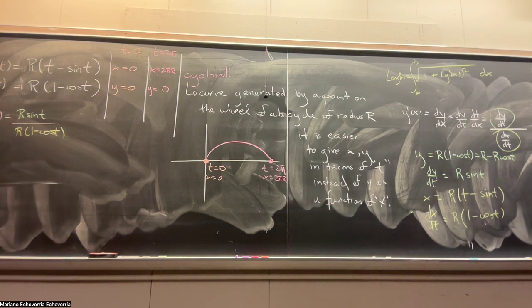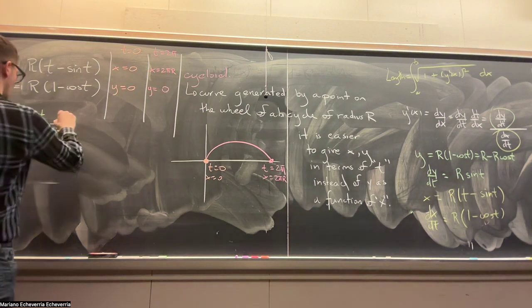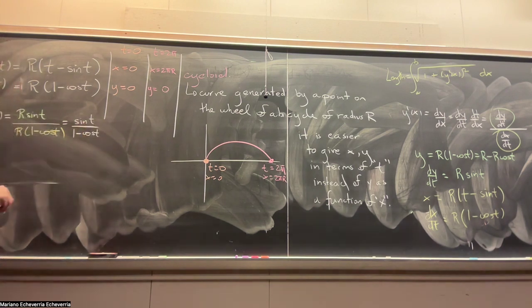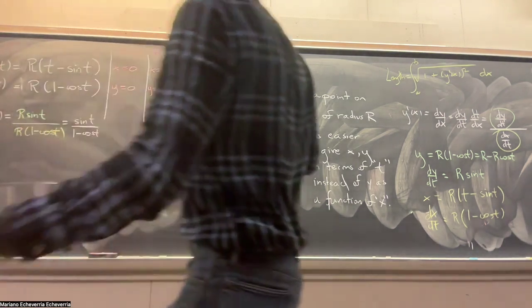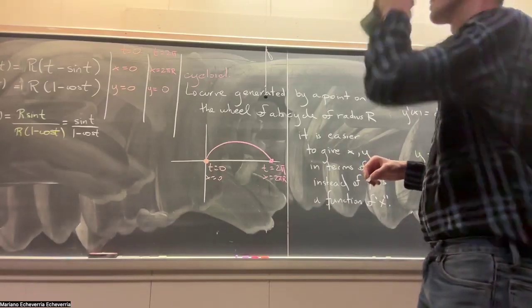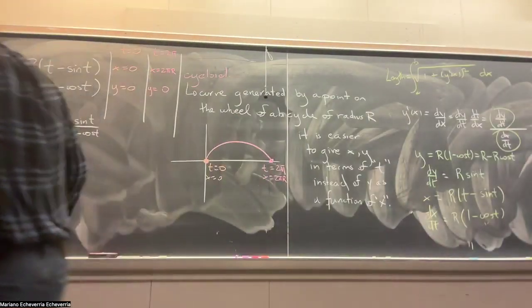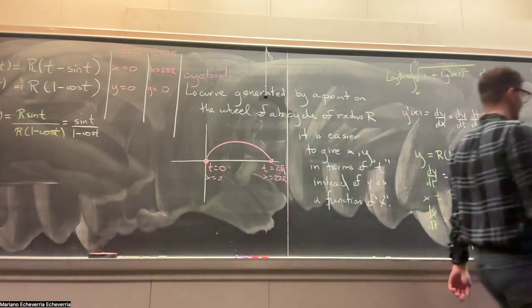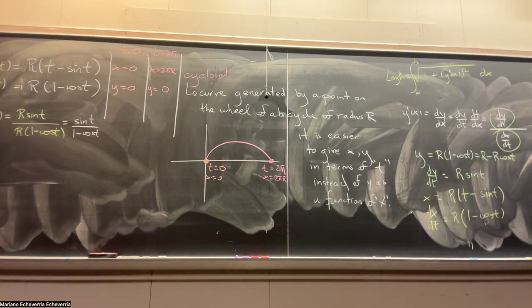Okay, and the r's cancel, so that's sine of t over 1 minus cosine of t. It looks weird, but it's what you get if you rewrite everything in terms of t because of implicit differentiation. Okay, so that fixes this part, check mark, nothing needed here.